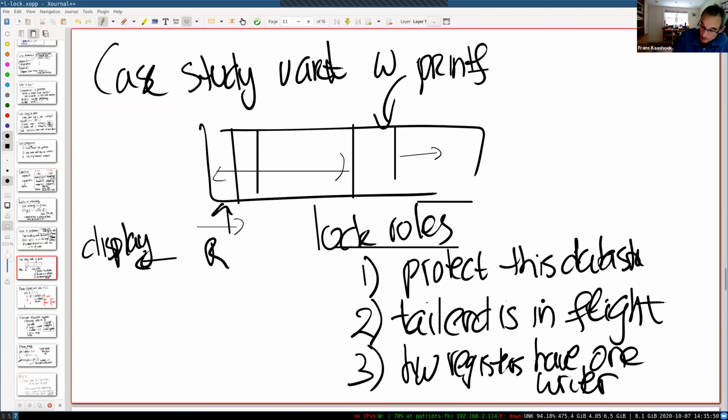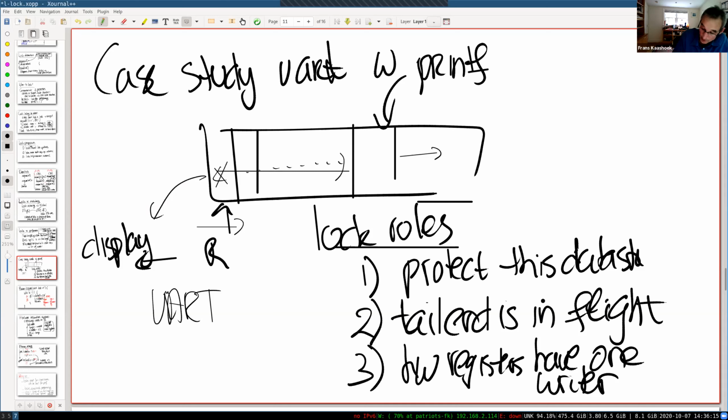The UART that puts things on the display will start putting the first character that's in this slot onto the display. Meanwhile, multiple printf calls could come in and put more characters in here, so that the write pointer is standing here.